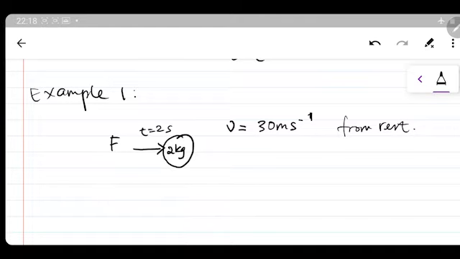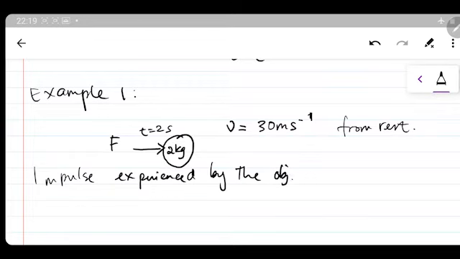Calculate first the impulse experienced by the object and the impulsive force experienced by the object. This is the simplest example that can explain how these two are different. So we start with the impulse first.